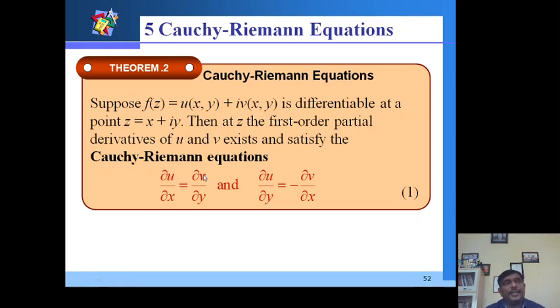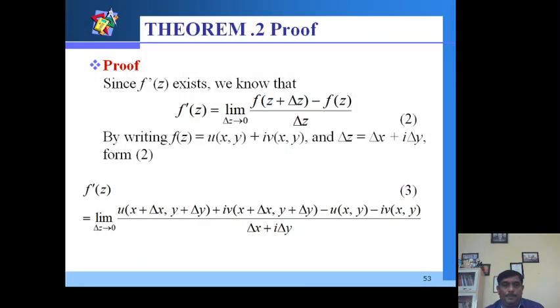The first point is that the given function is differentiable. We can start with the given that f dash z exists. F dash z exists means differentiability. We know the definition of differentiability at z naught: f dash z is equal to the limit as delta z tends to 0 of f of z plus delta z minus f of z divided by delta z.